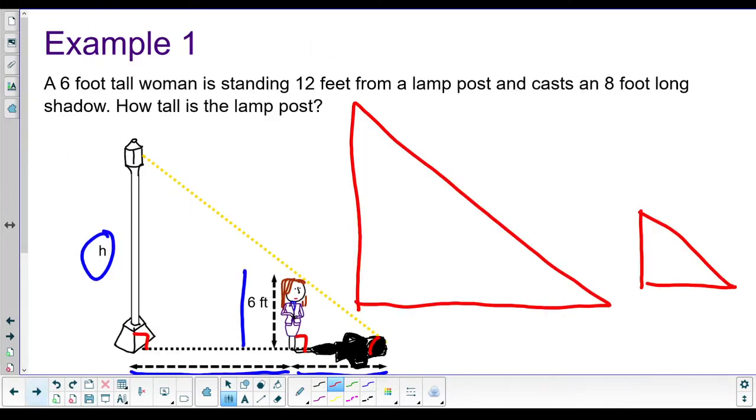Okay. So we'll call that theta, because they're the same angle. We know for the little triangle, the woman, shadow, light ray, she's 6 feet tall and her shadow is 8 feet long.